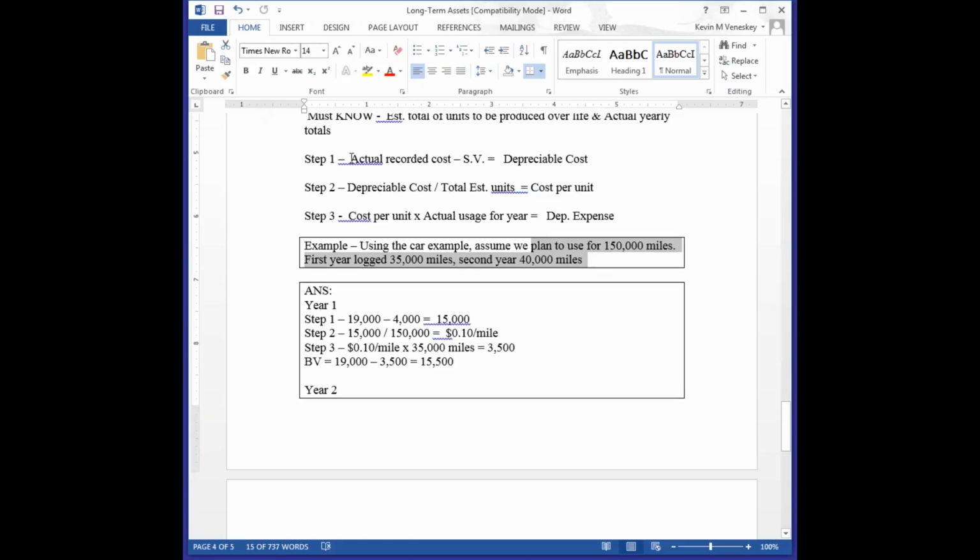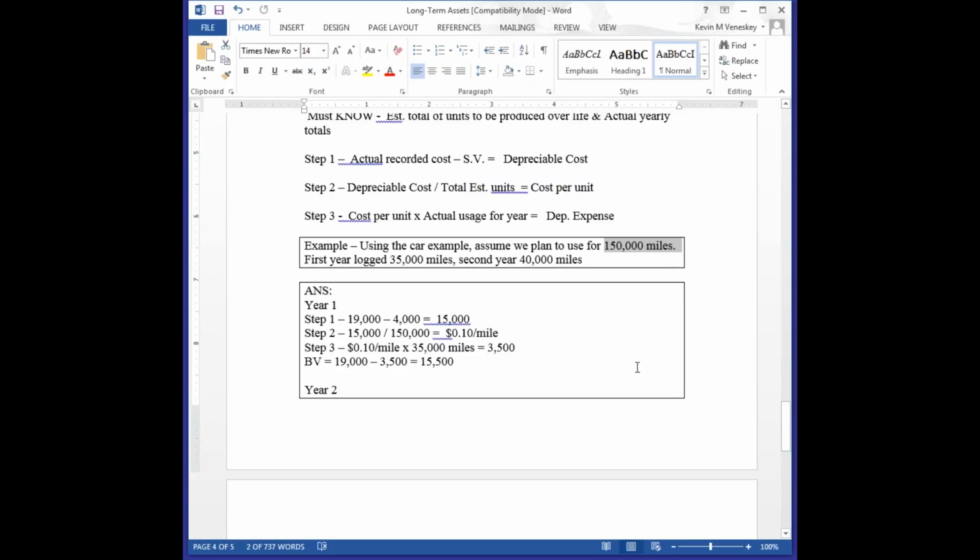So let's do our 3 steps for the units of production. I'm going to take my actual cost, $19,000. So this step 1 is the exact same as step 1 above for the straight line. I'm going to be depreciating everything based on a $15,000 value. Then I'm going to take that value and simply divide it by how many miles am I going to be using this car over its life.